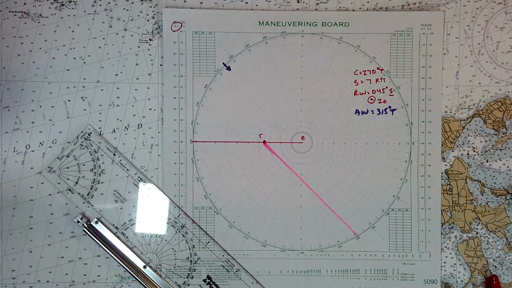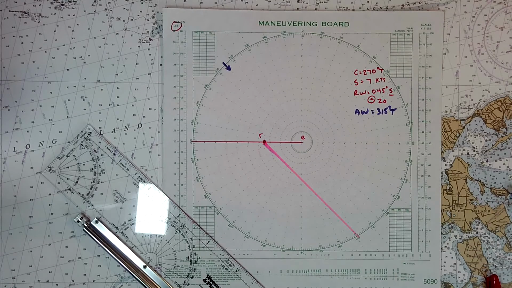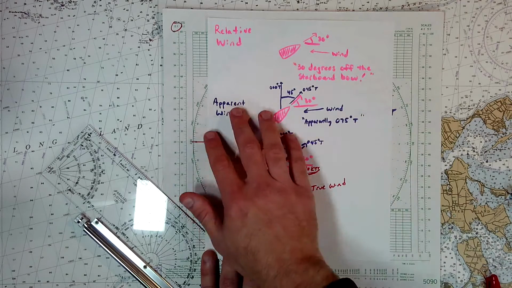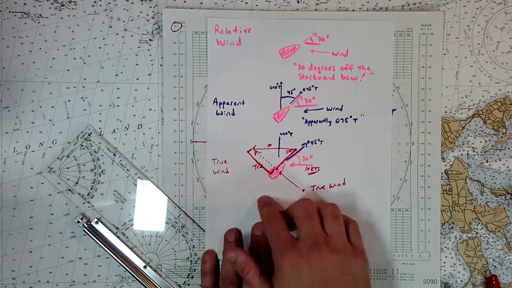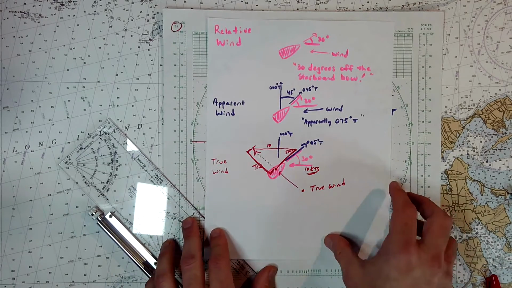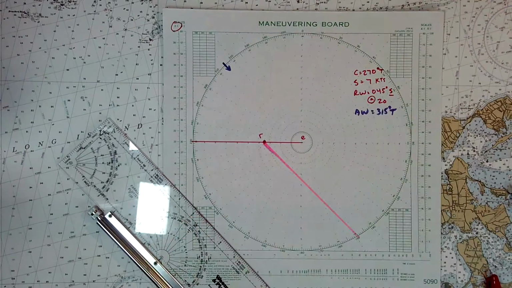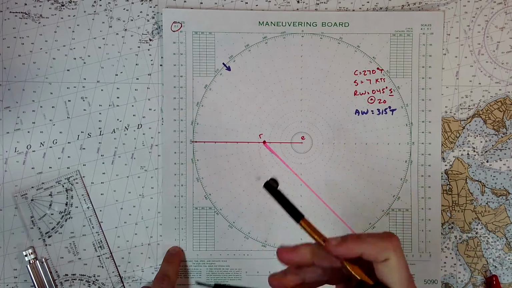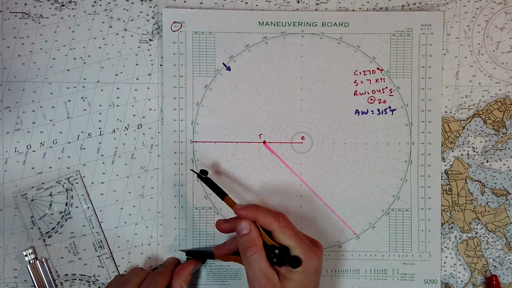If you remember back to our scrap piece of paper, we went from our relative wind to our apparent wind, and now we're looking for our true wind by quantifying things. We said in this example that the apparent wind, or the relative wind, was at a speed of 20 knots. That's a lot. So if I take my dividers and go over to my 2-to-1 scale, I can look for 20 knots.